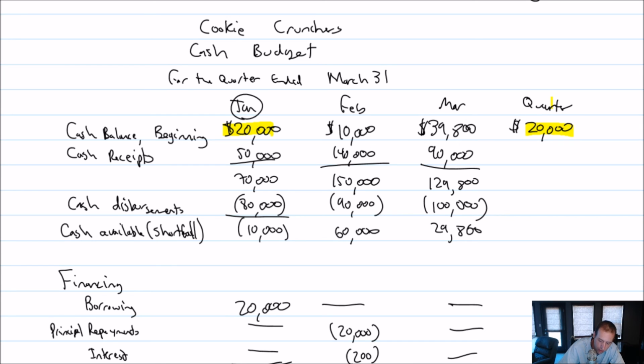Our cash receipts for the quarter, 50 plus 90 plus 140 are 280,000, bringing us up to 300 available. Our cash paid out, 270, bringing us down to 30 available.